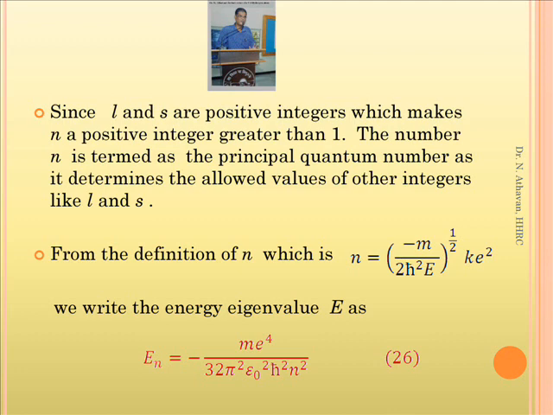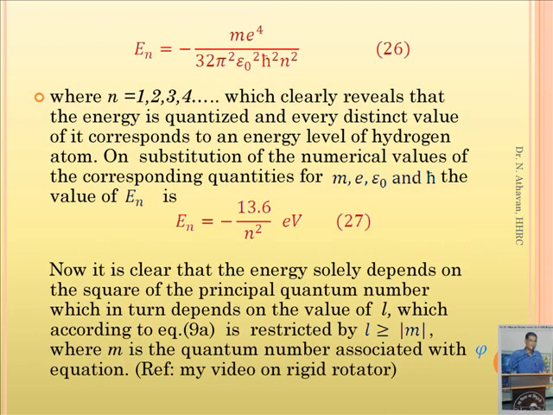That is the same expression obtained by Niels Bohr, where n can take values 1, 2, 3, 4, which clearly reveals that the energy is quantized and every distinct value of it corresponds to an energy level of the hydrogen atom.